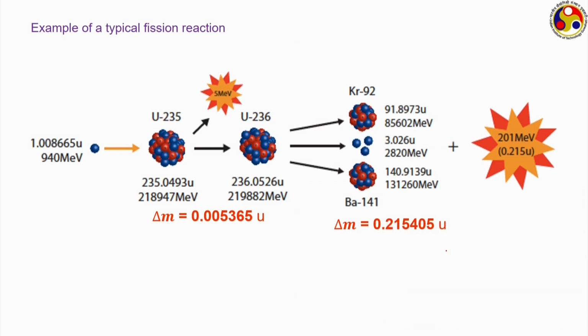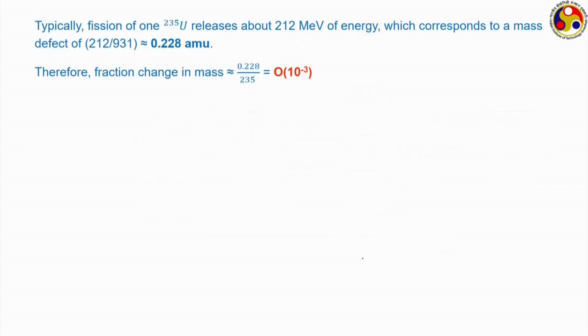So, combining all this energy release from the direct reaction or later decay of the products, we generally get approximately 212 MeV of energy from the fission reaction of one U-235 nucleus.